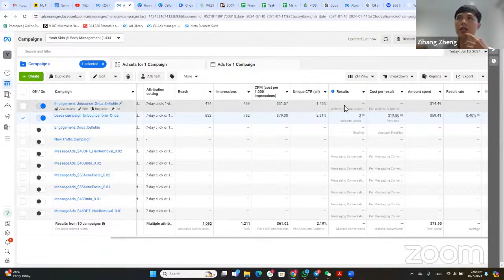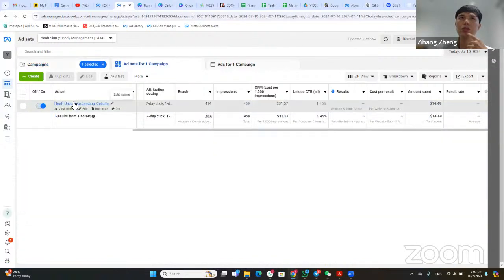So you can see that the big difference would be the CPM. The CPM is lower here. And with this campaign, I'm also testing two different new visuals to see which one is the winning visual, the winning creative.